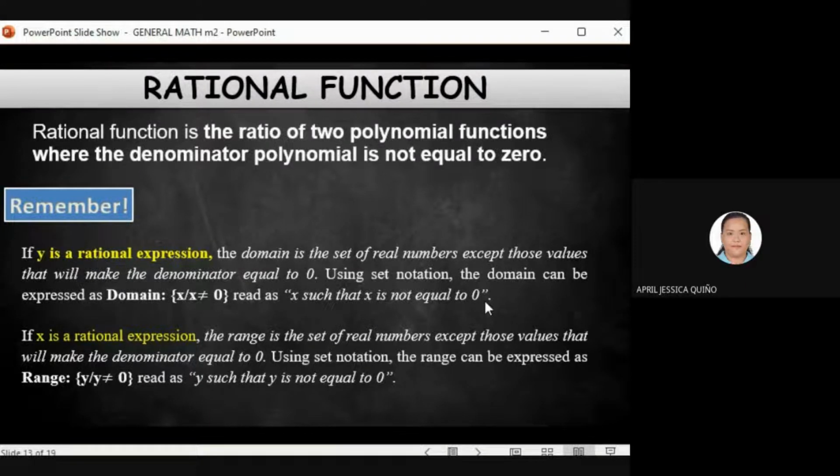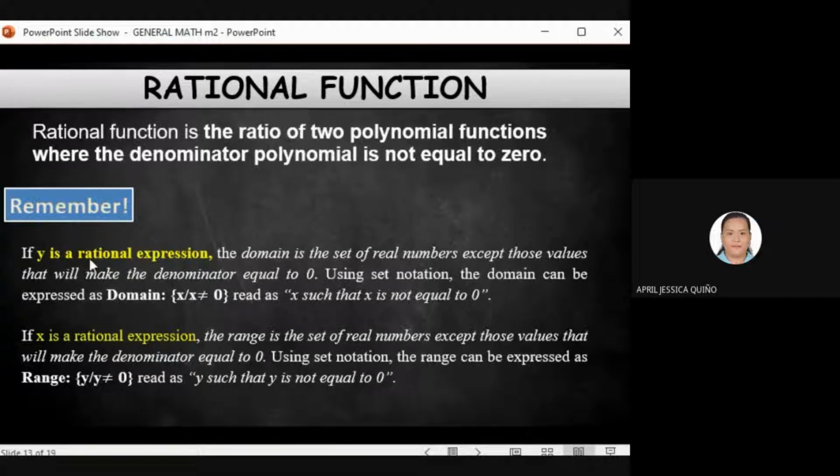That's what you just need to make sure. So kapag nakita nyo na yung y or yung x nyo ay nasa denominator, automatic ang magiging answer nyo ay dapat ang range nyo at ang domain nyo ay hindi mag-equal sa 0.